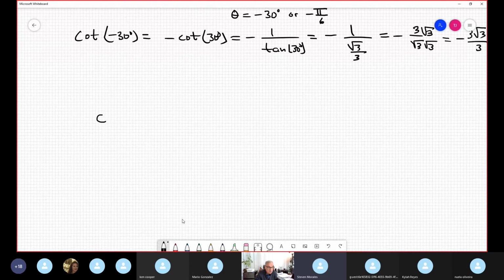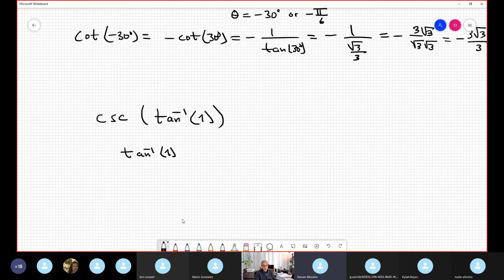Cosecant now. Tangent inverse of 1. Tangent inverse of 1 is equal to theta, no? That is equivalent to saying tangent theta equals 1. So what is the angle whose tangent is 1?